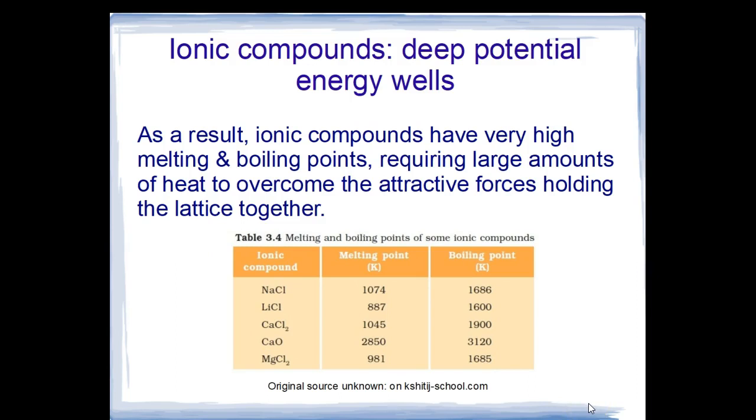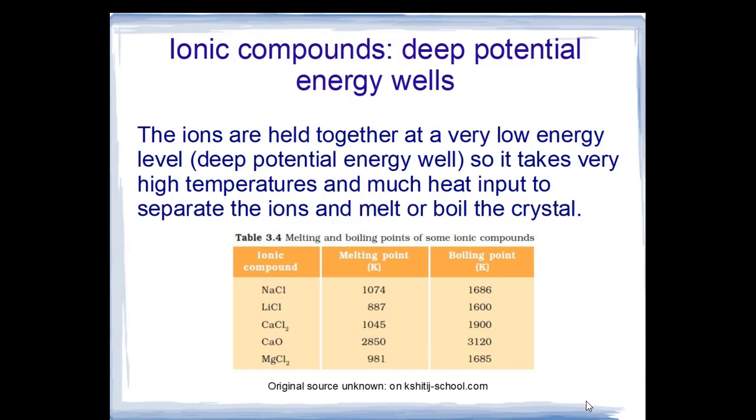So ionic compounds have very deep potential energy wells, and you can see that the melting points and boiling points are very high because of the amount of energy needed to shake these apart. They are, therefore, very low energy level compounds.